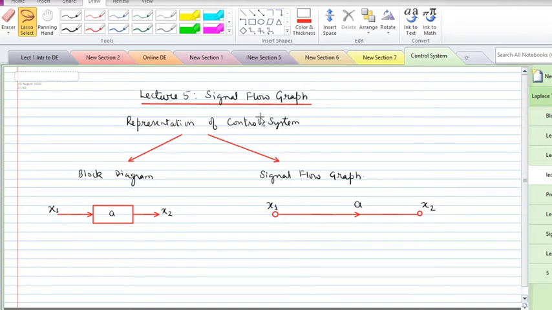Now in control system we can represent a control system either by using a block diagram representation or by using a signal flow graph.